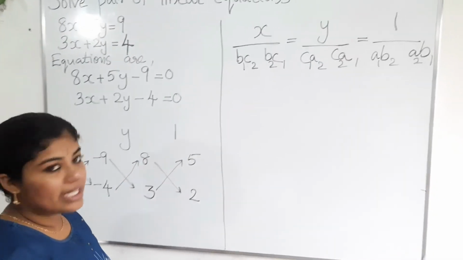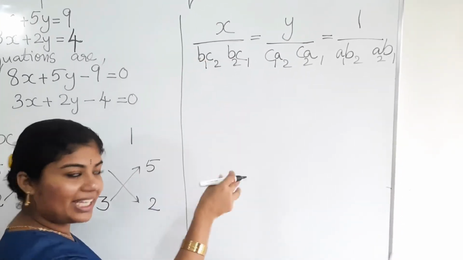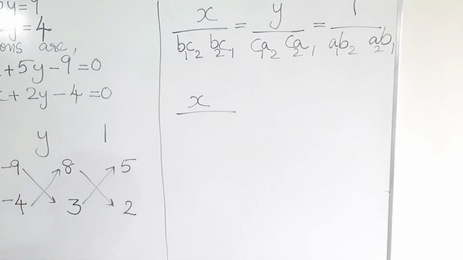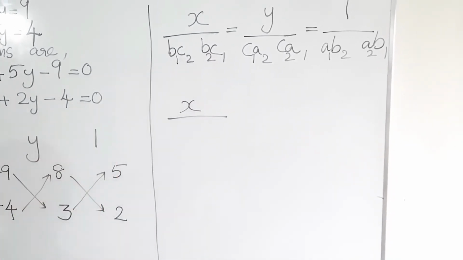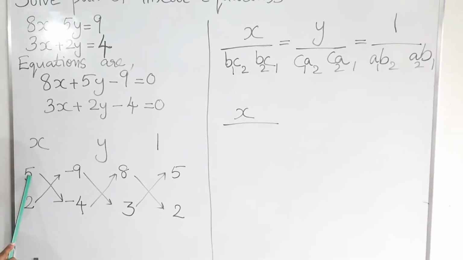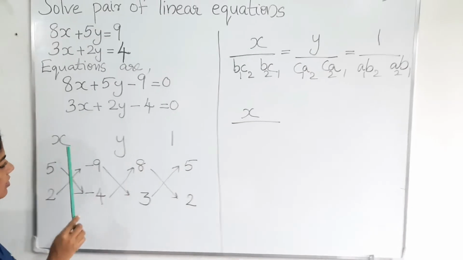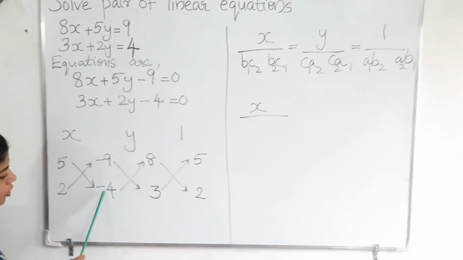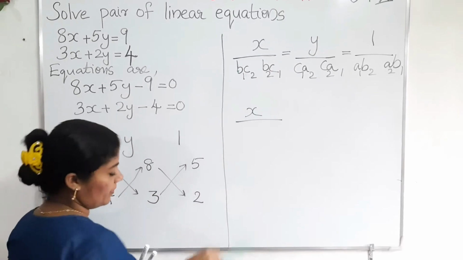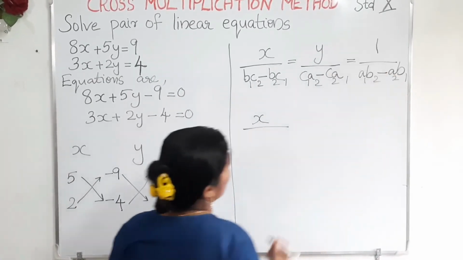So what is the next step? Apply the values for this step 3. X divided by b1 c2. What is b1 here? This is the place of b1. B1 to c2 means this one. Here on the x you can see 5 into minus 4 and 2 into minus 9, which are written here, with a minus in between.